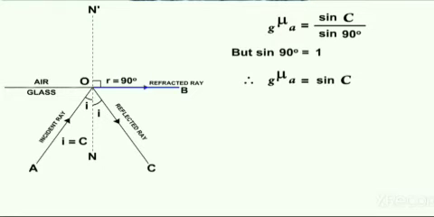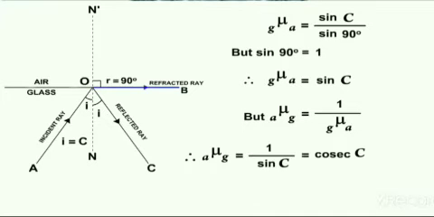Therefore, refractive index of air with respect to glass is equal to sine C. But refractive index of glass with respect to air is equal to 1 upon refractive index of air with respect to glass. Therefore, refractive index of glass with respect to air is equal to 1 upon sine C, which equals cosec C. Let this be equation 16.